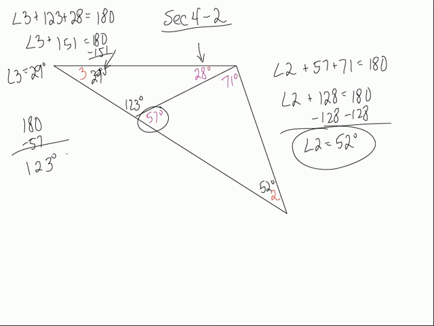Look at these two and what they do. They add up to be 57, don't they? Do you see that? Yeah. These two right here actually add up to be 57. Is that just some kind of magical thing that happens? No, not at all. It actually just works out real nice. Look at 123. Tell me something about 123 and a couple other angles. 71 and 52. That's right, 71 and 52 add up to 123. Do you see it?